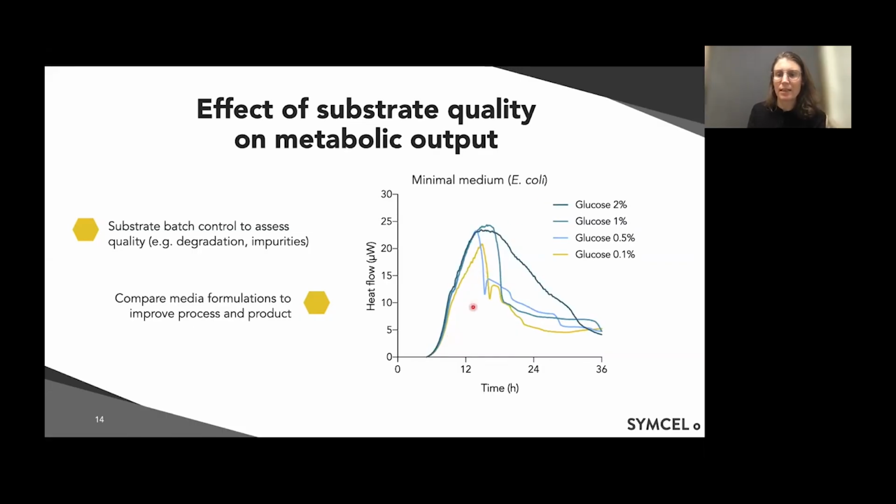And you can see that even small changes in glucose addition will change the thermogram. So this gives you the opportunity also for substrate batch control to, for instance, assess the quality of a certain substrate. For instance, if there's degradation or impurities, you could eventually see that with this sort of assay. But also it allows you to compare media formulations to, for instance, improve the process of your product.